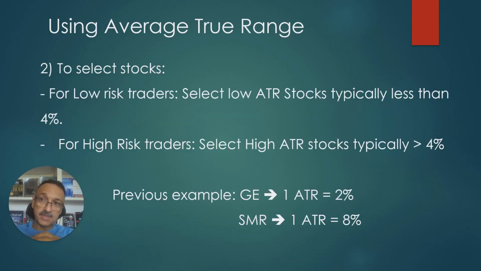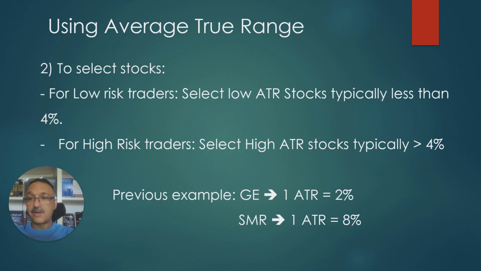And this is leading us to the second usage of the average true range, which is to select stocks. So if you are a low risk trader and you would like to keep your stop loss at a minimum, then you use low ATR stocks like General Electric, for example. We've seen that the ATR is 2%, the 1.5 ATR is 3%. Then you use GE. This is more suitable.